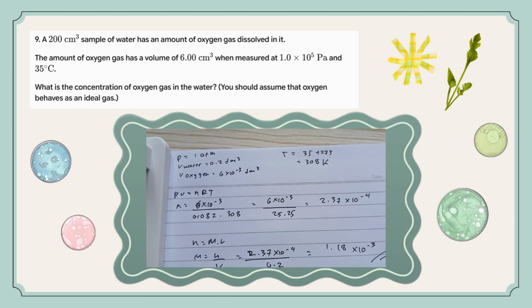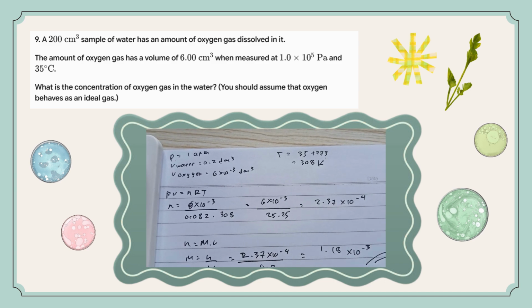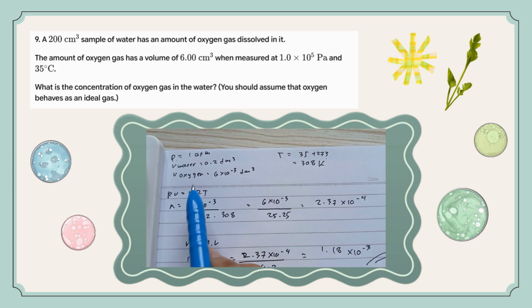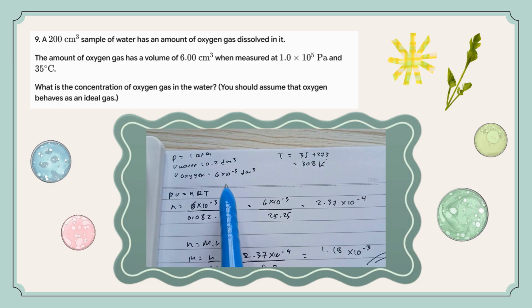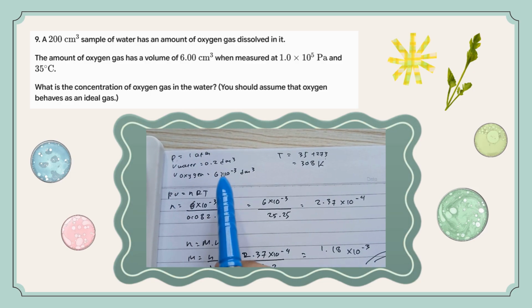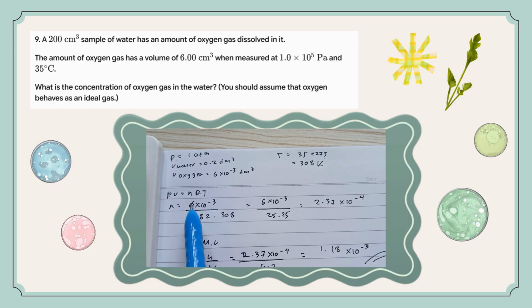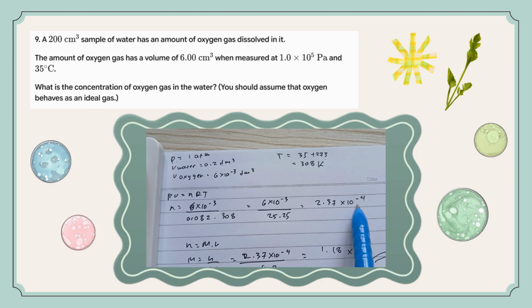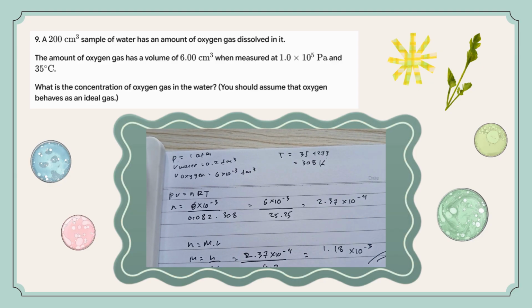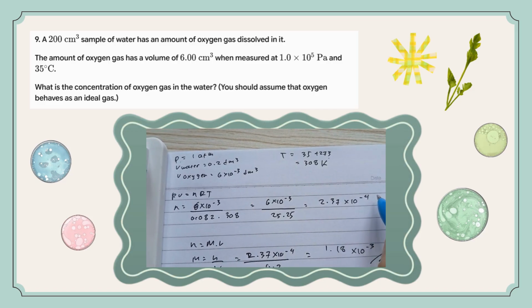Okay, to determine the concentration of oxygen we have to know the mole first. So we get the equation PV equals nRT, so the pressure is 1 times the volume of oxygen divided by R, 0.082, times the temperature, and we got 2.37 times 10 to the power of 4.